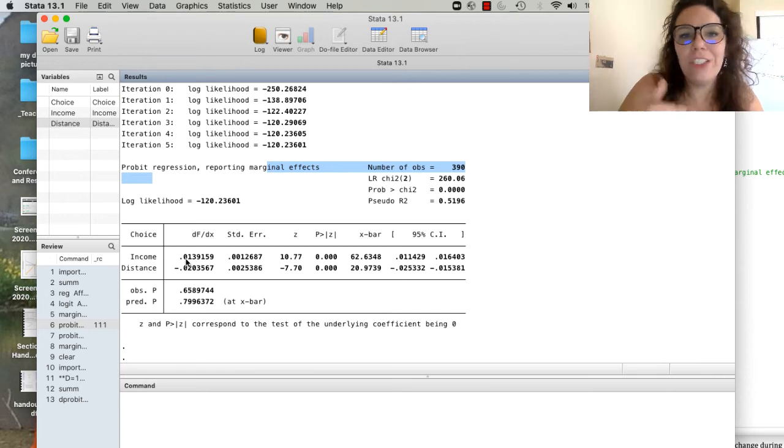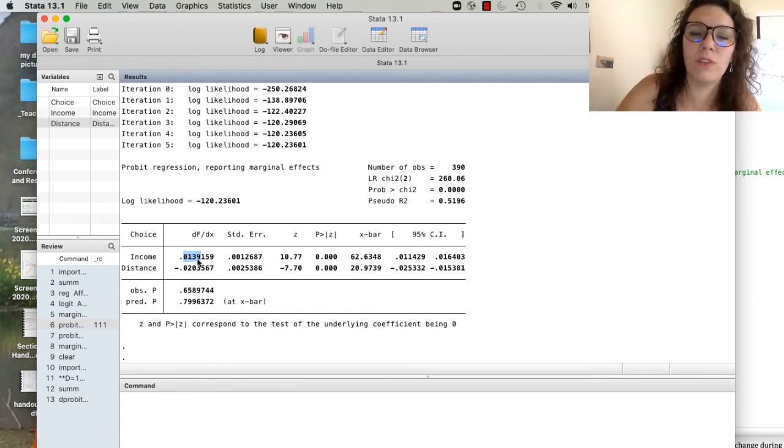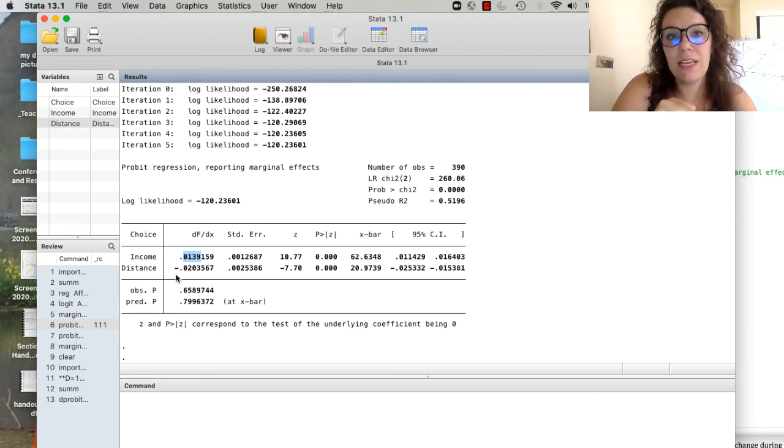So each additional $1,000 a person earns in terms of income is going to increase the probability that they drive a personal car to work by about 1%, almost 1.5%, right? 0.0134 or 39, sorry. So about 1.4%. Each additional mile that a person lives from work is going to tend to decrease the probability that they take a car by about 2%.